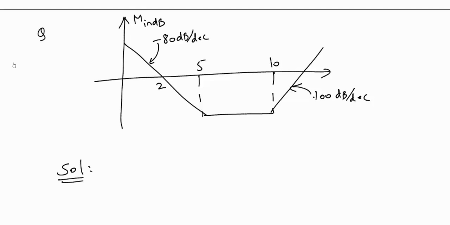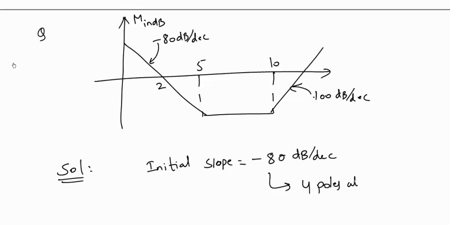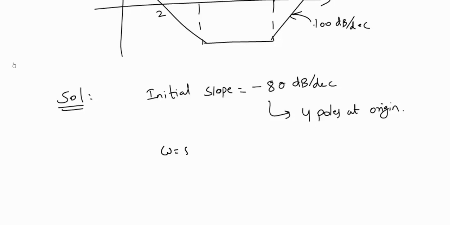So again we will start with the initial slope. Initial slope is equal to minus 80 dB per decade. So this will give me 4 poles at origin. At omega equal to 5, the change in slope is, how much is the change?